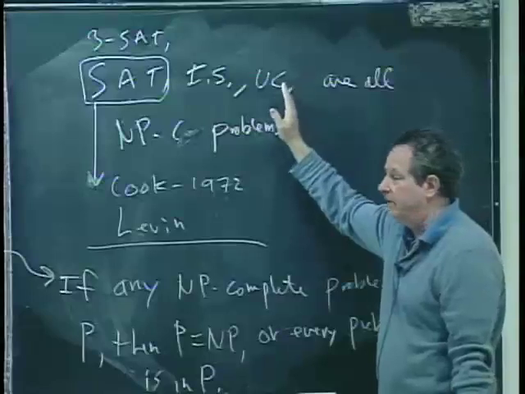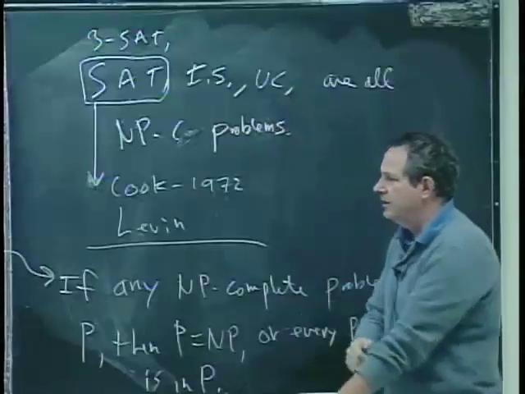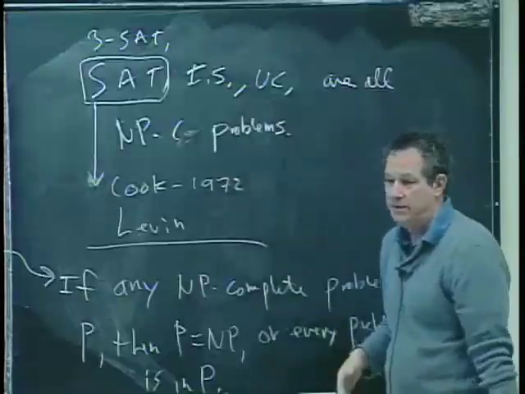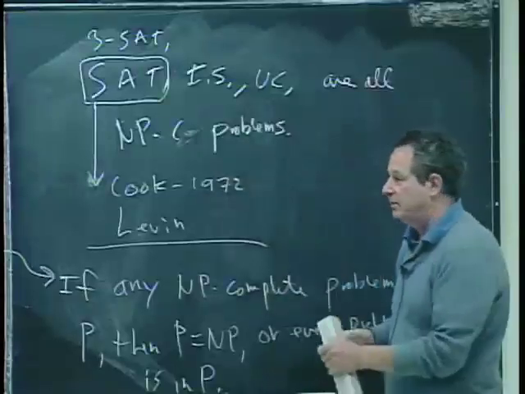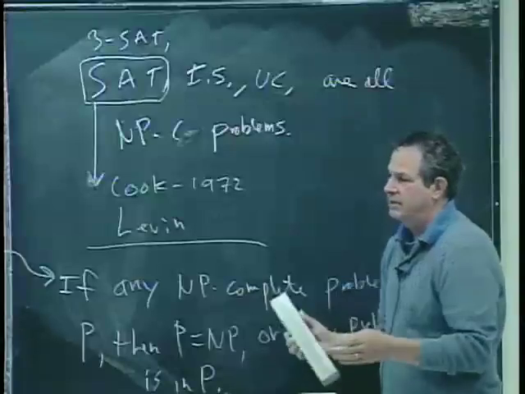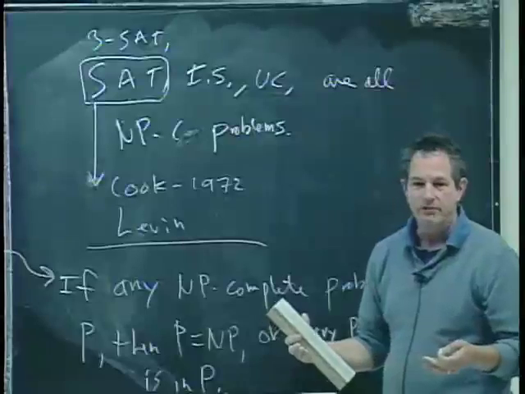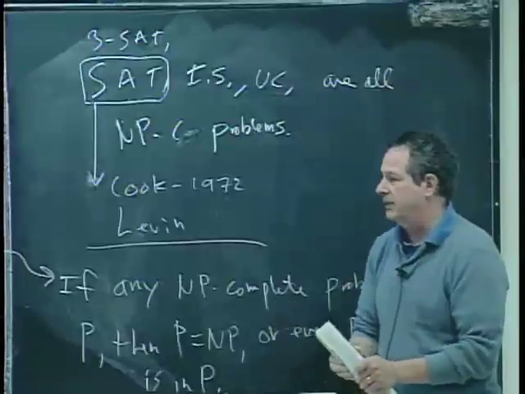Now, at first you may say, well, that's two separate efforts. You were looking at SAT and I was looking at vertex cover, and we both fail, but is that combined effort evidence that P is not equal to NP?